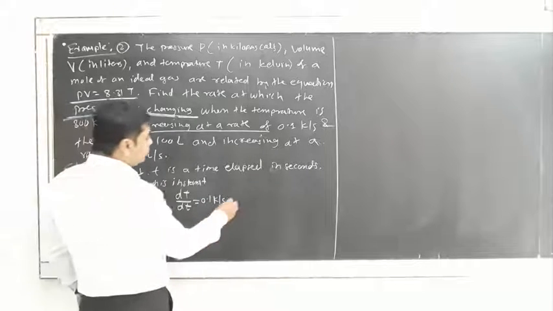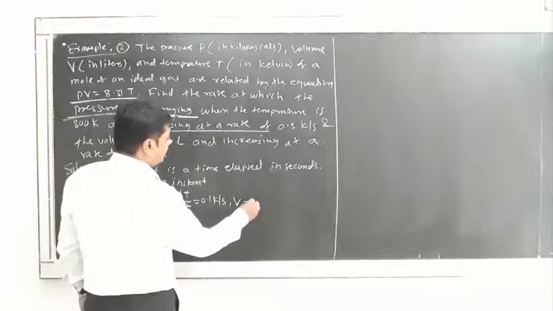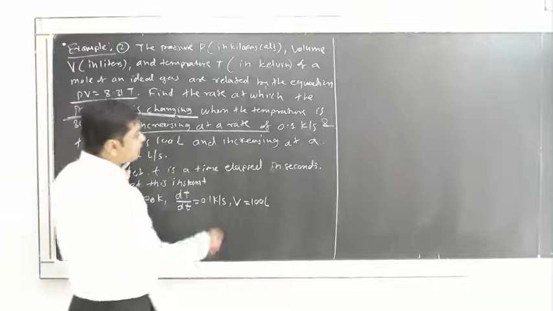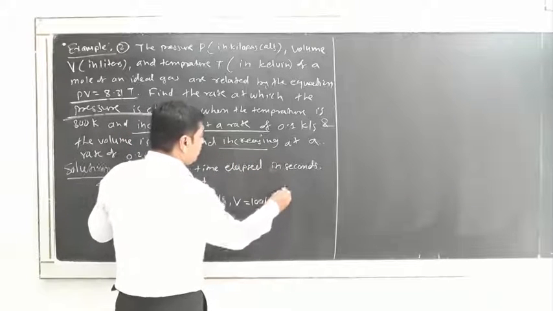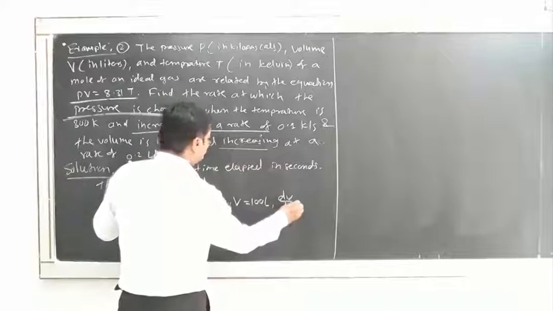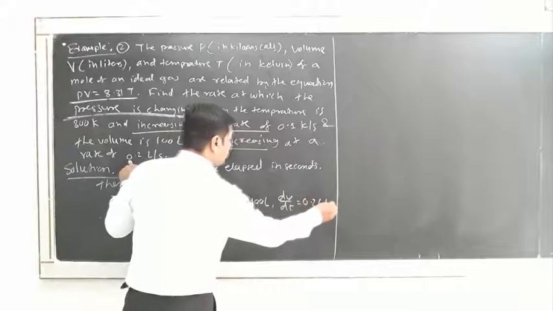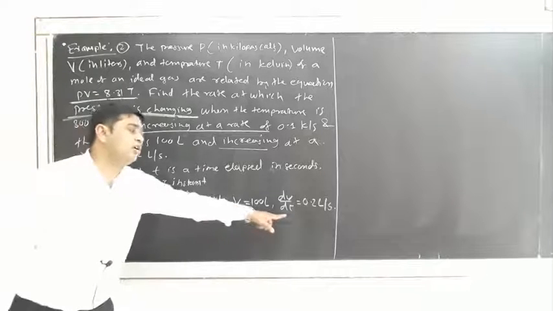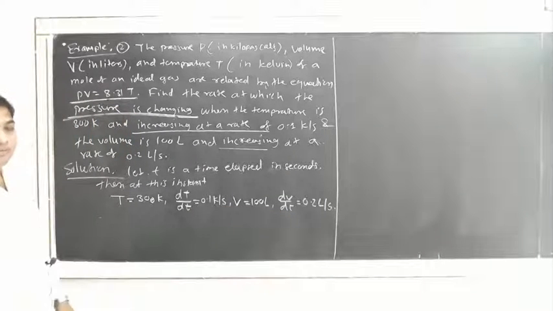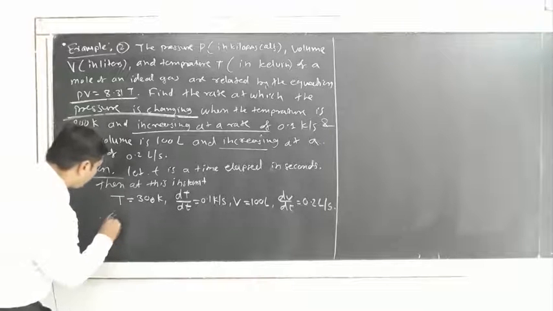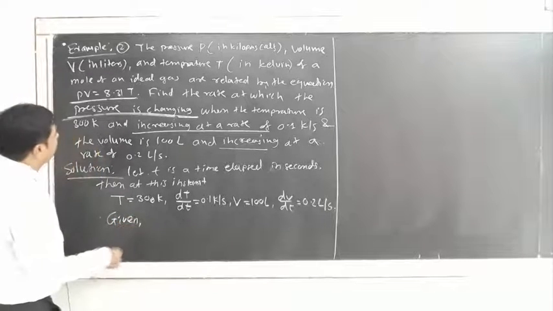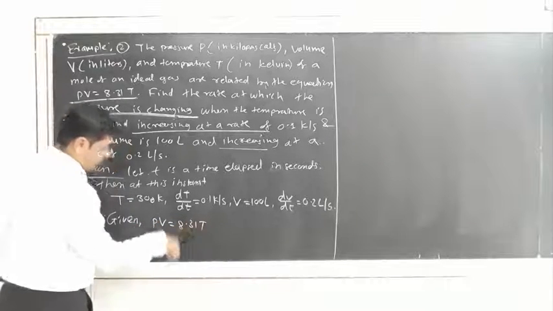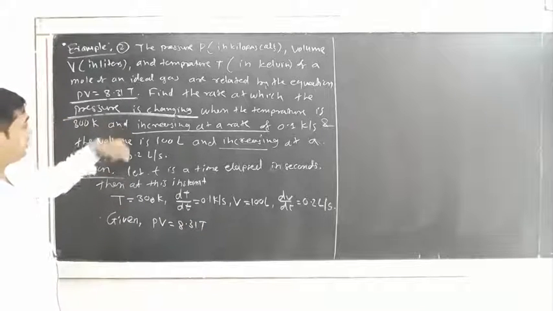Similarly, volume is equal to 100 liters and increasing at a rate, that is dV by dt is equal to 0.2 liter per second. And we are given the equation PV is equal to 8.31 T.